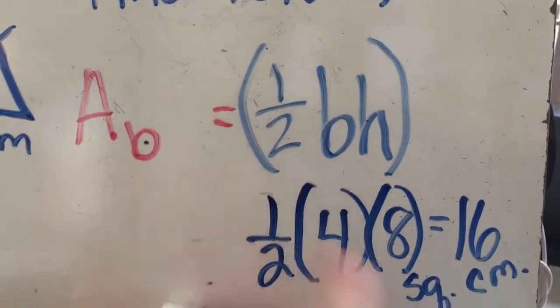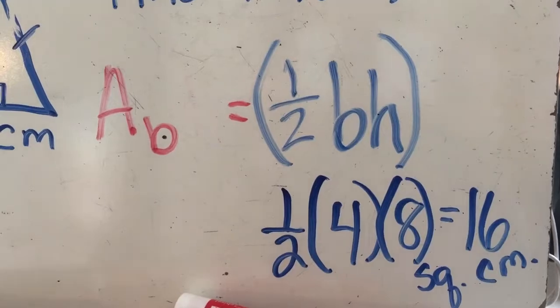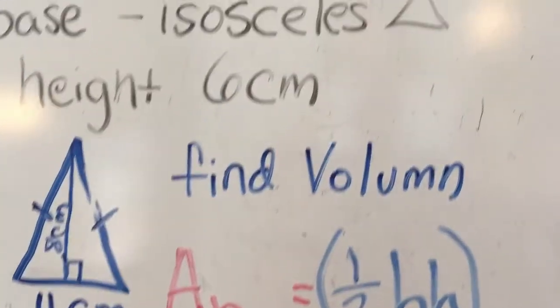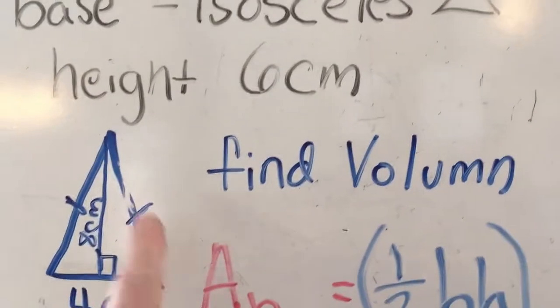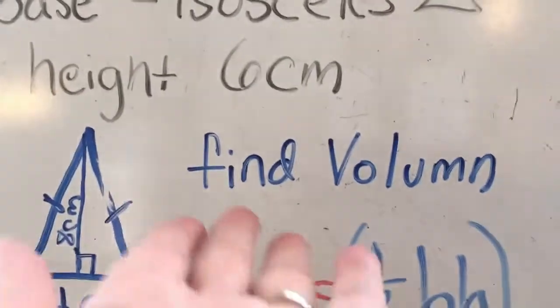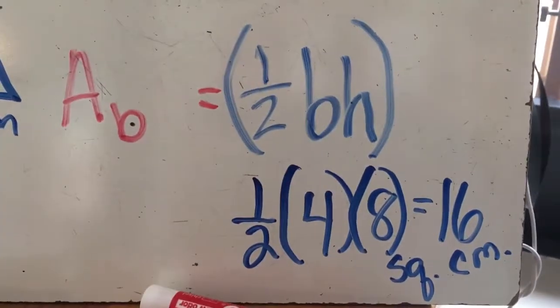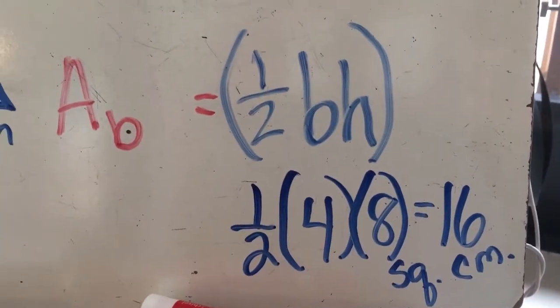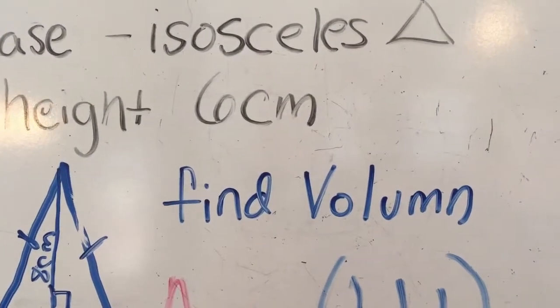Remember, area is always in square centimeters. So now we're going to take that area and multiply it by the height of the entire figure, which is 6 centimeters. Remember, this is just the base, and then we've got to raise it up 6 centimeters. So we're going to multiply this 16 square centimeters by the height of the whole figure of 6 centimeters.